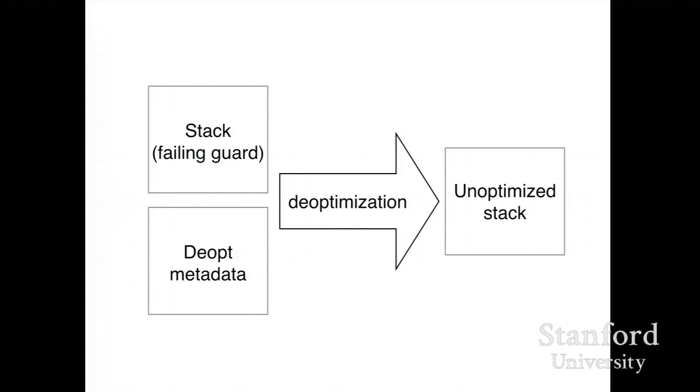Another interesting part is about the deoptimization. A typical problem that exists in a C++ virtual machine is that you need at the same time to map from the machine state, so things like which value is in the register, which value is boxed or unboxed, and also recreate multiple stack frames for one stack frame.